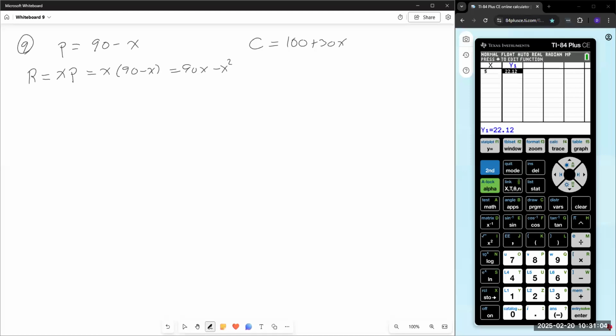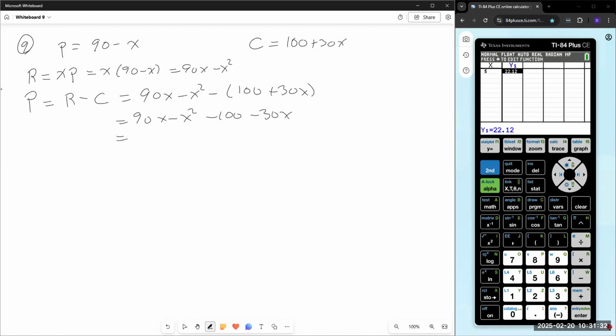And you need to know that your profit function, capital P, is equal to R minus C. It's your goes in as minus your goes out as, your revenue minus your cost. So that is 90X minus X squared minus 100 plus 30X, which is 90X minus X squared minus 100 minus 30X.